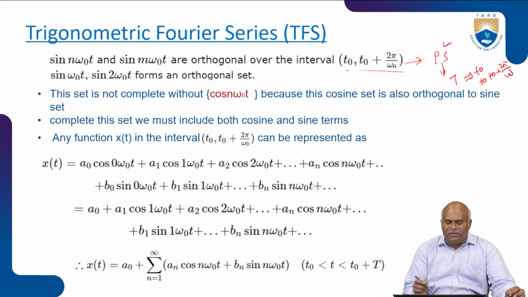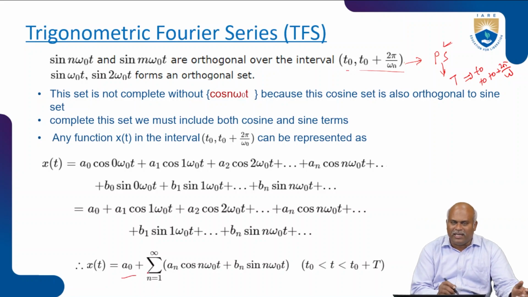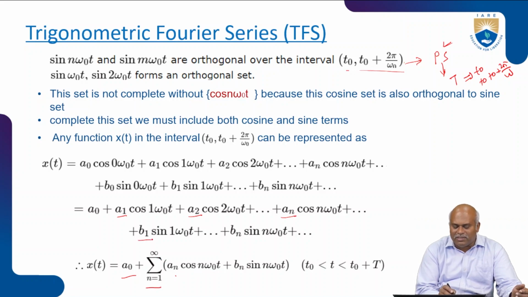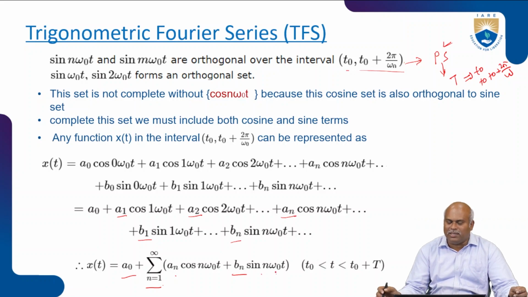Now I can simplify this equation. a0 is a constant, so I take it out, and the remaining a1, a2 up to an I write simply as an, with n from 1 to infinity, times cos n omega 0 t, plus the terms b1 to bn, which I write as bn, summed from 1 to infinity times sin n omega 0 t.